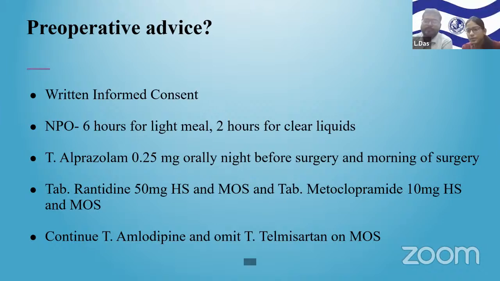Sir, because in laparoscopic surgeries there are increased chances of regurgitation, and laparoscopic surgeries have also been associated with increased chances of post-op nausea and vomiting. So giving metoclopramide also helps to counter the effects of nausea and vomiting. That's why I have prescribed this anti-aspiration prophylaxis in my patient.